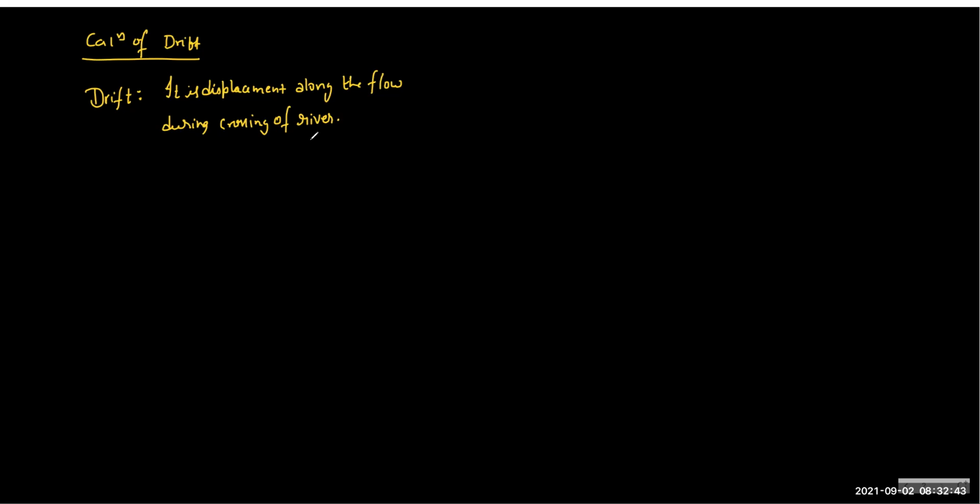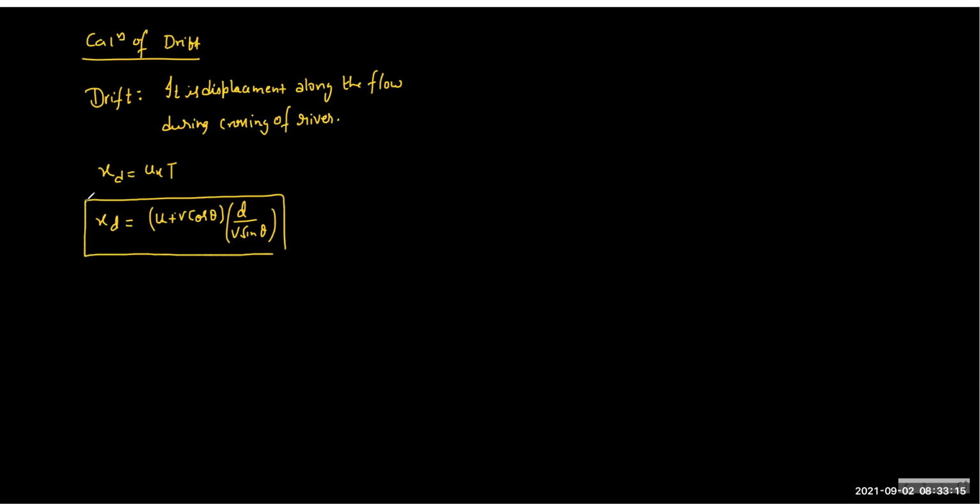So basically it represents the x value. Xt we can write as ux into total time t. So what is xt here? What is ux? It is u plus v cos theta, and t was d by v sin theta. Like in general we are writing. So this is the drift for the given situation. You can minimize it.